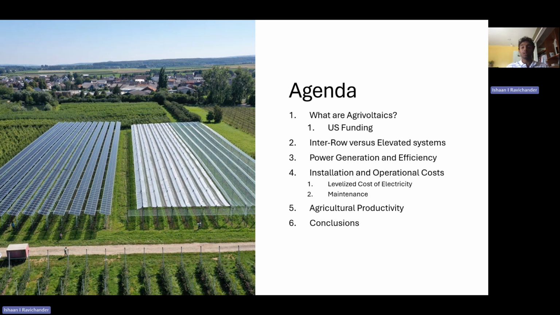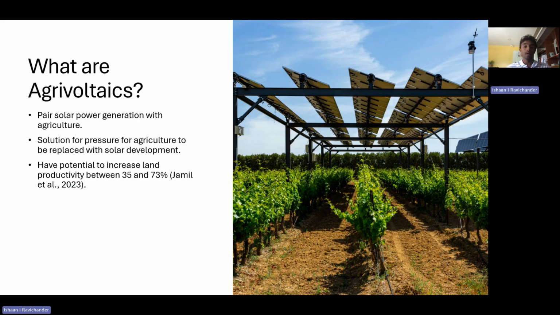I then will discuss the economic side, including the levelized cost of electricity and what maintenance might entail for these systems. Lastly, I'll look at how crop production is impacted by the integration of solar panels on croplands before I conclude the presentation.